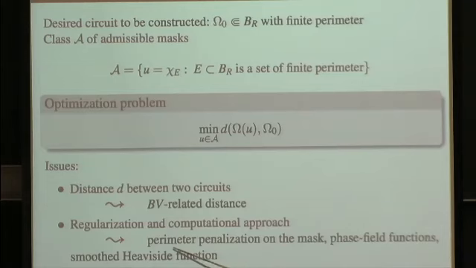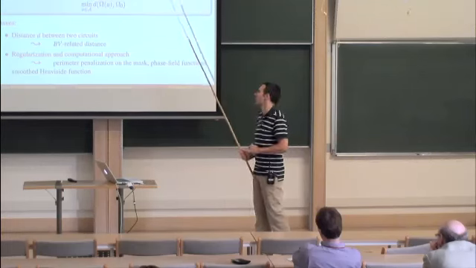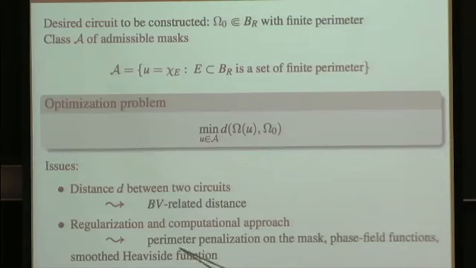Because we consider a quite natural perimeter penalization on the mask, we employed phase field functions to have an easier computational method, and also instead of taking the Heaviside, which is highly nonlinear and discontinuous, we smoothed it out with a smooth version of it, which simplified the computation a little bit.